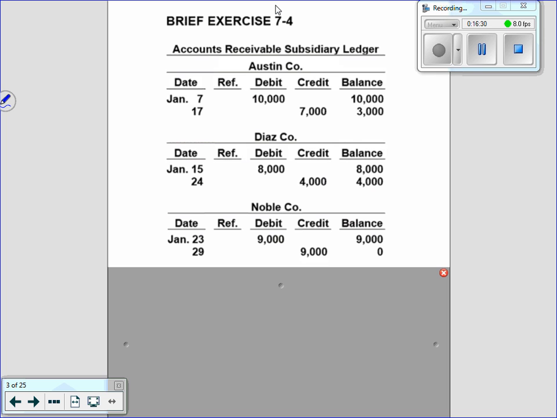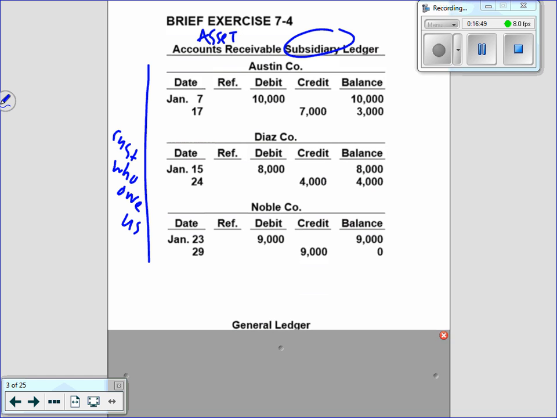Does it say AR subsidiary ledger up there for you? Oh, it does. Okay. So AR is an asset. These are our customers who owe us. A subsidiary ledger is a tree branch off of this general ledger, specifically the AR.